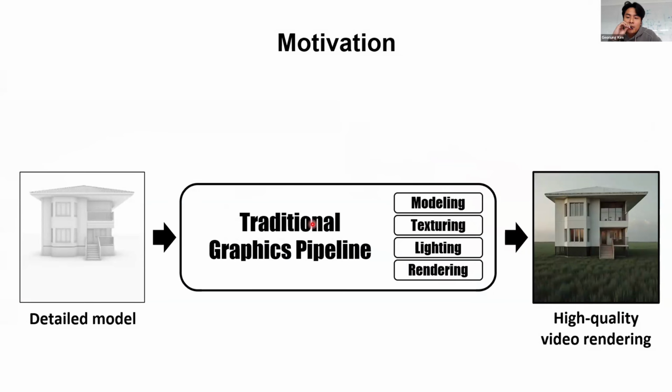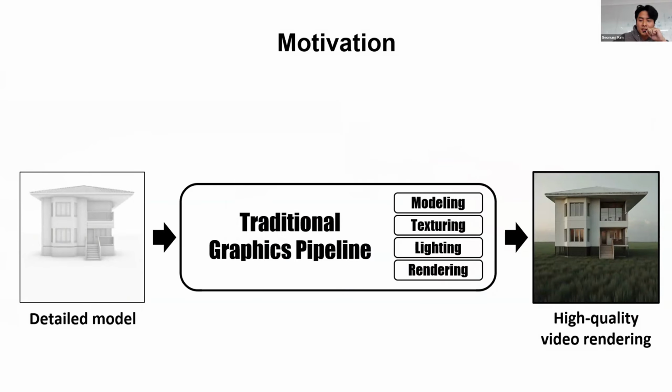Now let me talk about the motivation of this work. Let's imagine producing the video we have seen right before using a traditional graphics pipeline. We would first need to create a highly detailed model, then texture it in a way that matches the reference image, and set up the lighting for a natural look. And finally, render it.